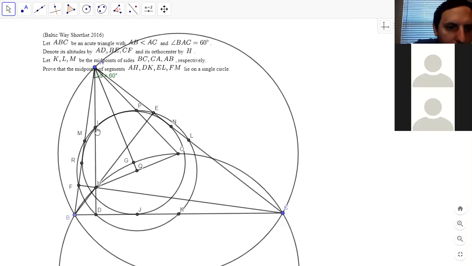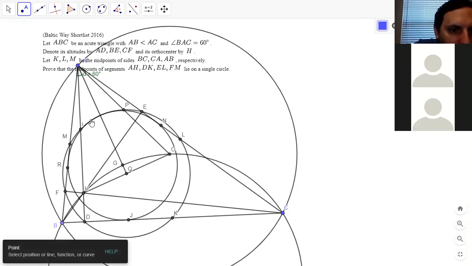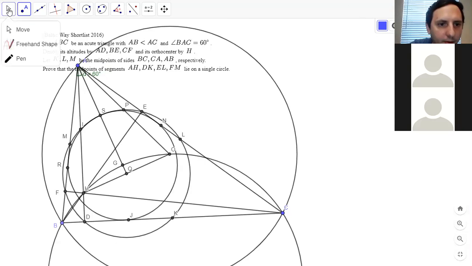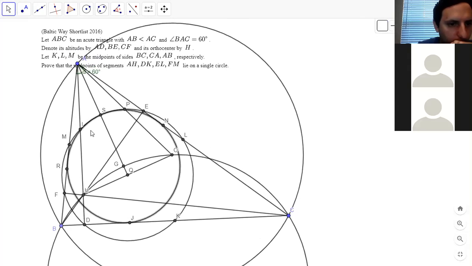Does this circle even pass through I? It almost doesn't look like it. Wait, this makes it look like these two points are the intersections of the circles. Okay, I'm confused here. This makes it look like the problem isn't true.